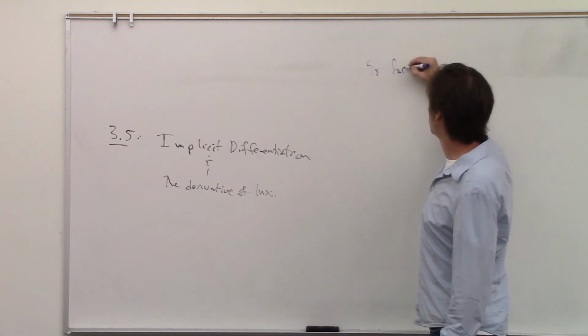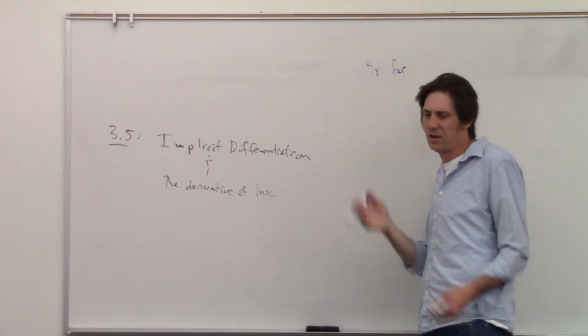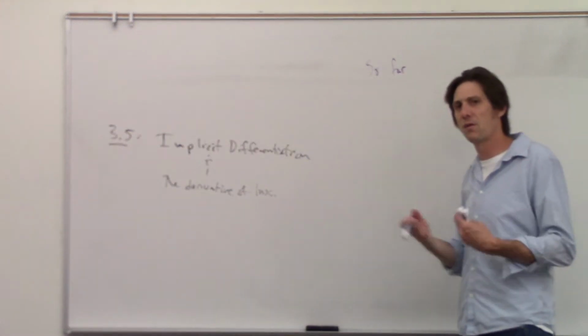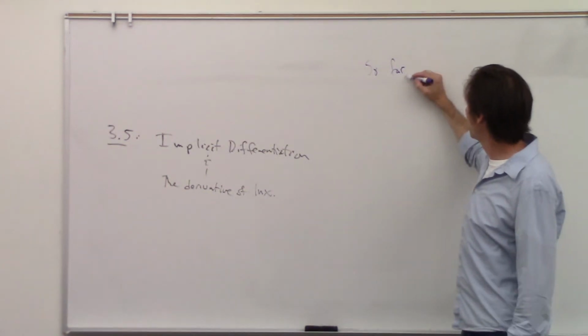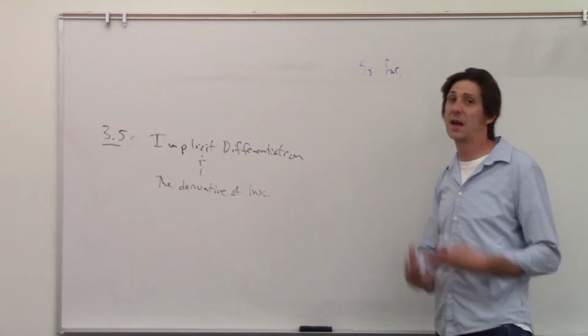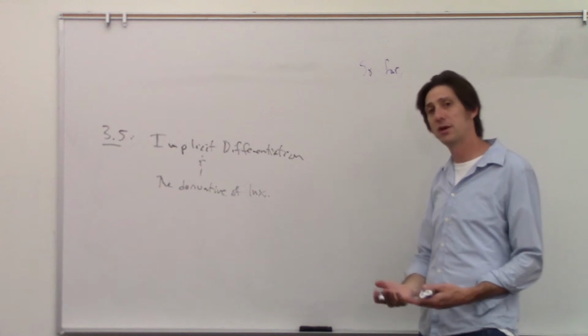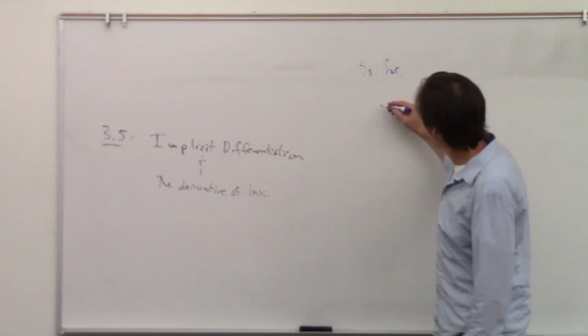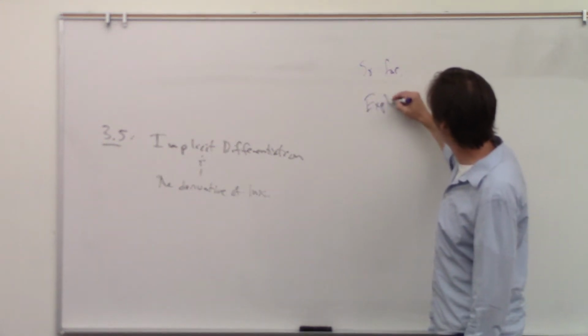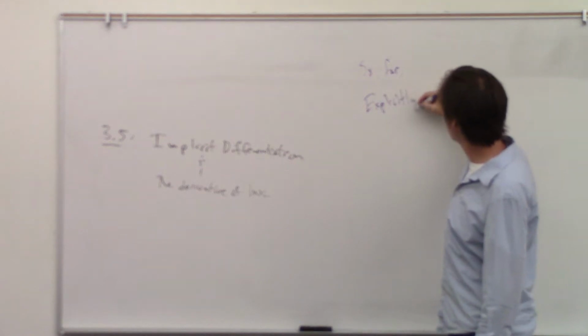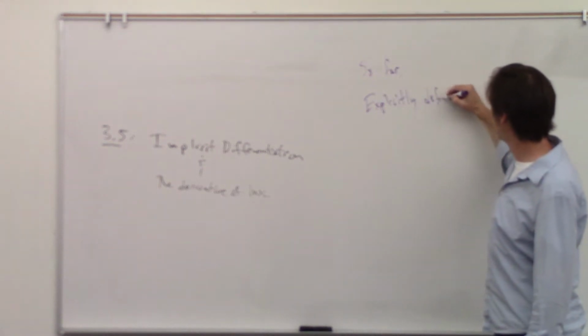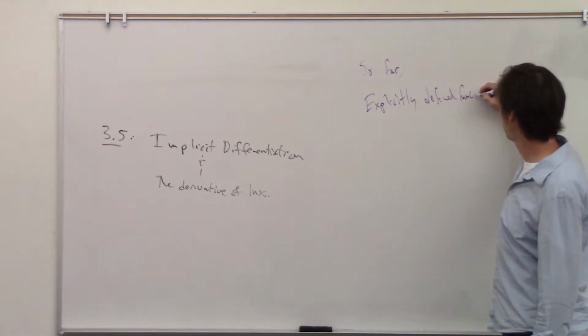So far, whenever we define a function, if we were doing it algebraically with a formula, we would come up with some explicit equation for the function. And so we might call these explicitly defined functions.